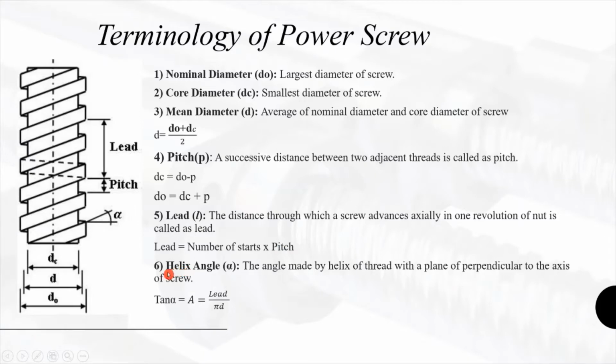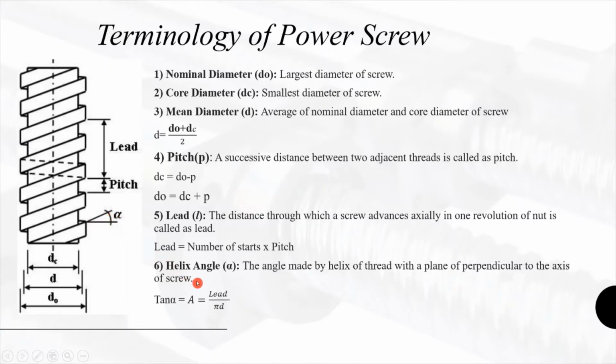The next term related to power screw is helix angle. Here you are observing the helix angle. The angle made by the helix thread with the plane perpendicular to the axis of the screw is called the helix angle. This is perpendicular to the axis, and the angle made by the helix with the perpendicular is denoted as alpha.